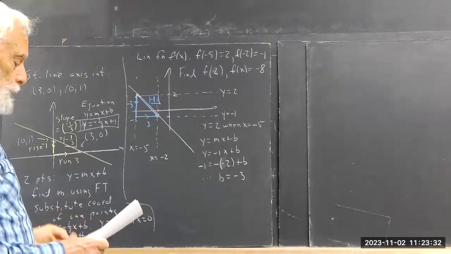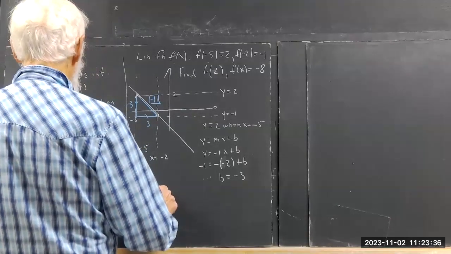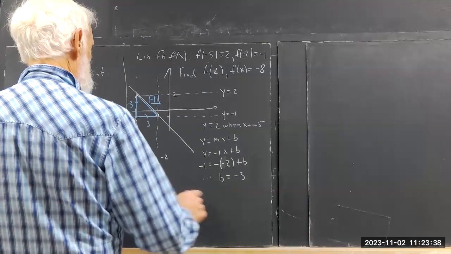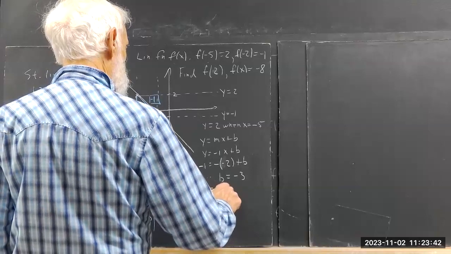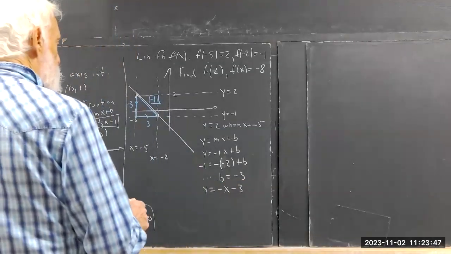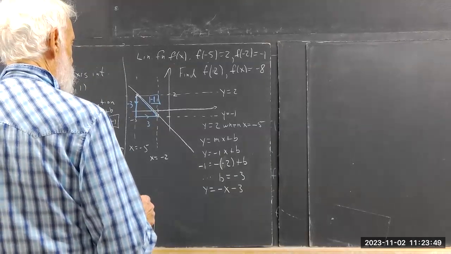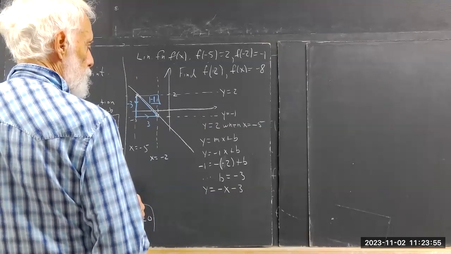So we get the coordinates of that point, and now we want to find y then equals -x minus 3. Something is wrong with this.